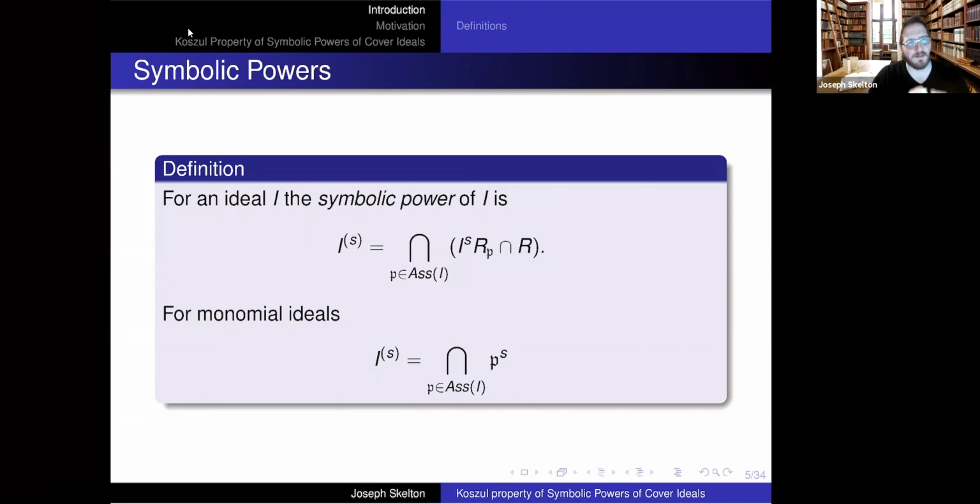They are notoriously difficult to compute and deal with because of all of that business. Fortunately for monomial ideals, we have a nicer time with them. It is just the intersection across associated primes of those primes to ordinary powers. It's a little bit nicer, but still can be problematic for large graphs and large powers.